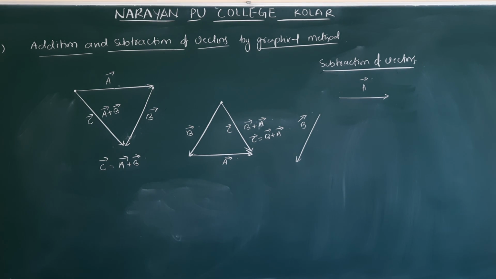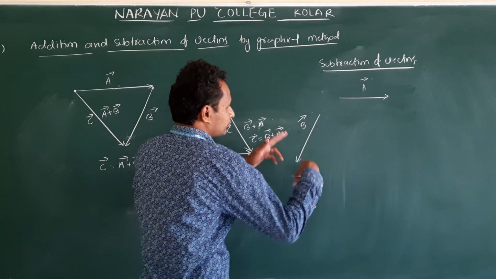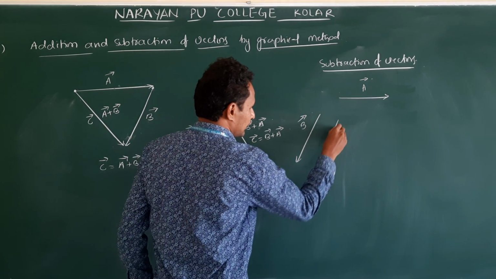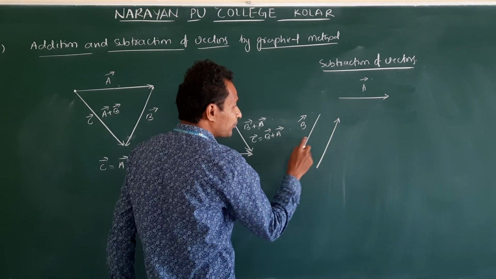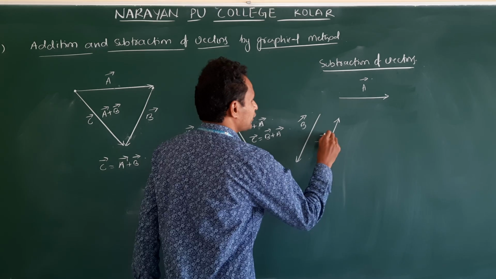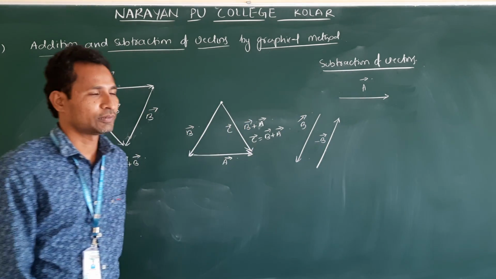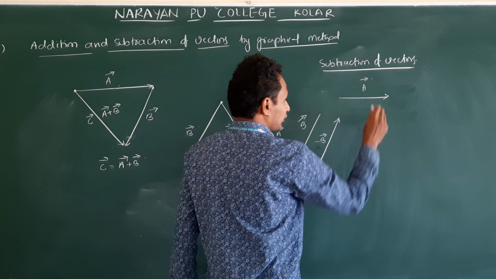Now we want A minus B. So this I will reverse like this. If our direction changes, magnitude is not changing, only direction is changing, then we can write minus, right? And this minus B vector I am shifting.